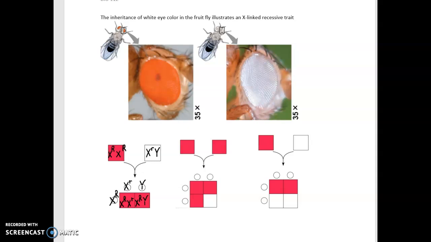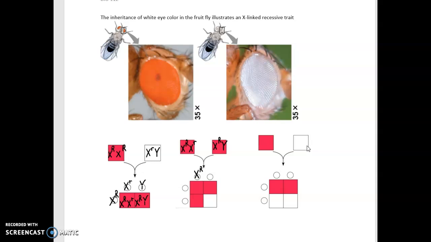In our next cross, we're going to cross our heterozygous female with a red-eyed male. So the male will produce gametes that look like this.